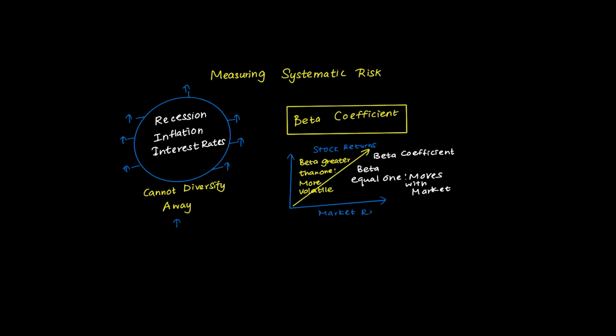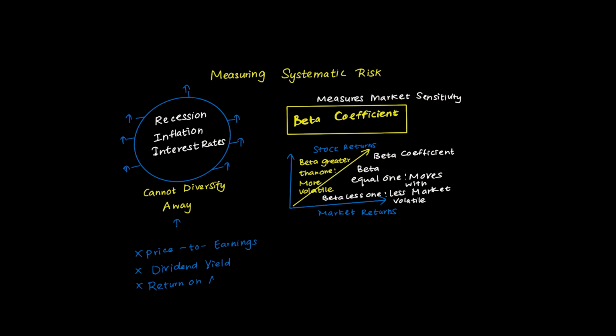Beta is specifically designed to measure systematic risk. This isn't the price-to-earnings ratio, which is a valuation metric comparing stock price to earnings. It's not dividend yield, which measures income return, and it's not return on assets, which measures operational profitability. Beta coefficient is the specific tool for measuring how much systematic risk a stock carries relative to the overall market.